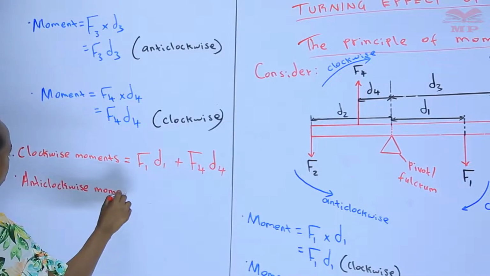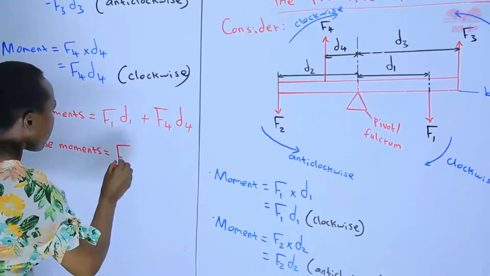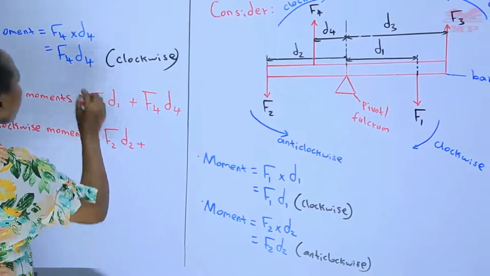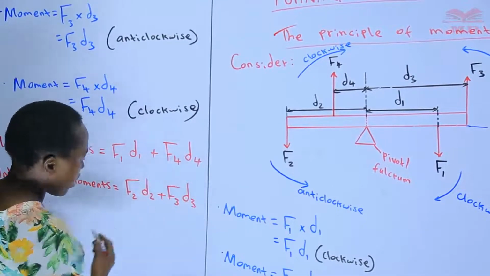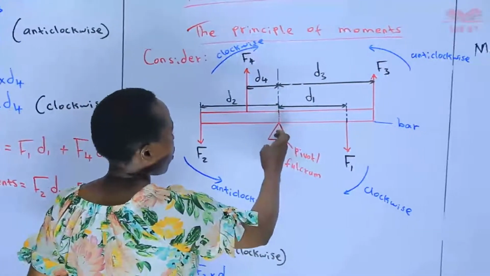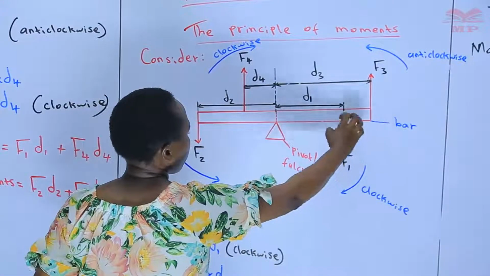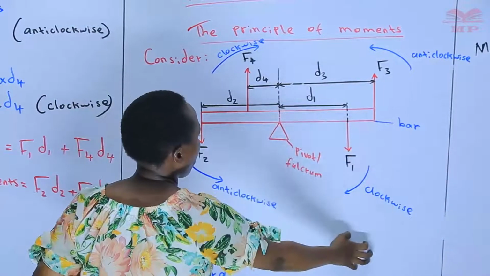And for clockwise moments, we have the first one here, which is F2, D2, and the other one is F3, D3. Now you can see clearly that if the pivot is here on this side, downward is clockwise. Any force on this side is clockwise.